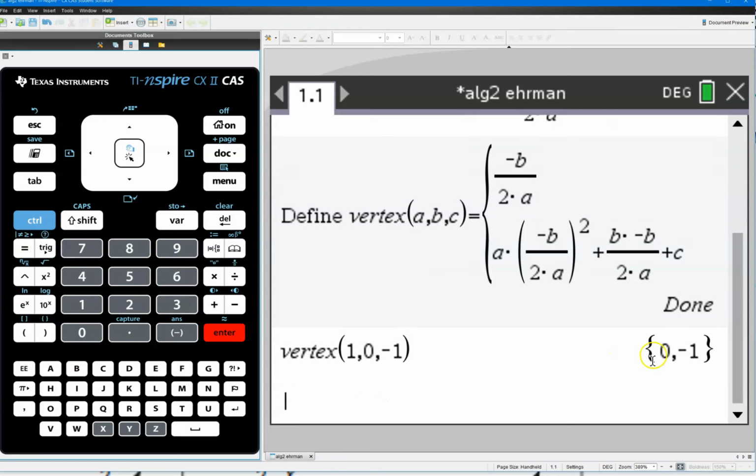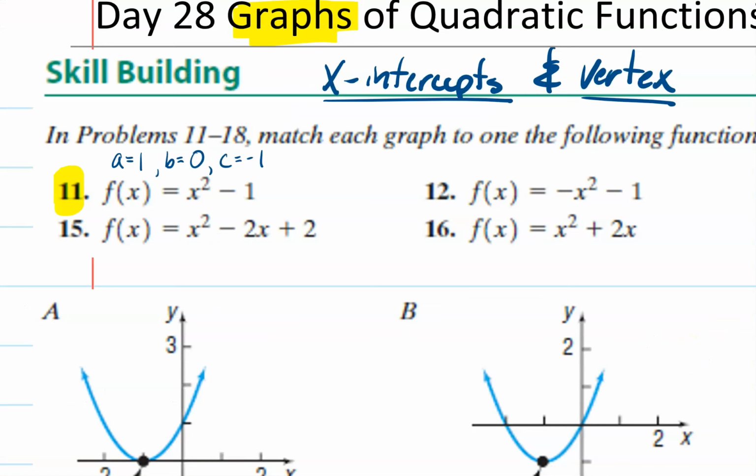And when we built this equation, we said that even though these aren't the correct symbols to represent a coordinate, they can be assumed as such here. So we know that the vertex occurs at the x-coordinate of 0 and the y-coordinate of -1. So I'm just going to make a note here. The vertex is at 0, comma, -1.